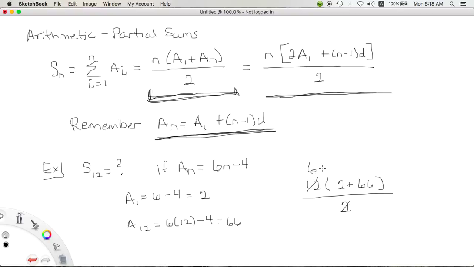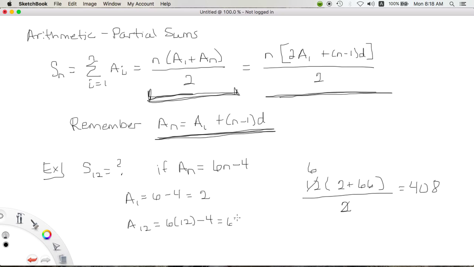Which is 408. So we have our first term, 6 minus 4 is 2, and then our 12th term, 72 minus 4 is, oh, sorry, that's 68.